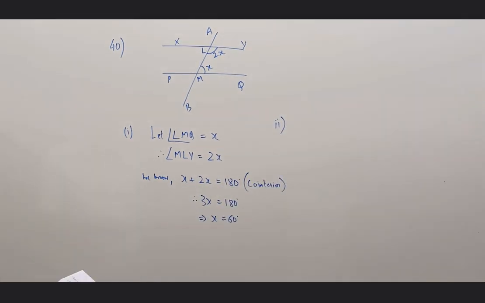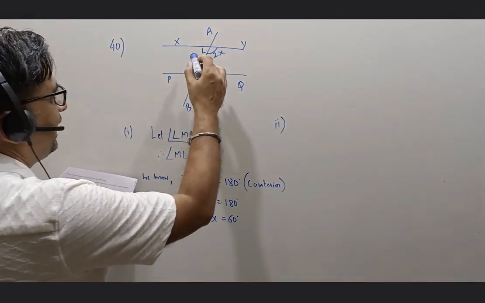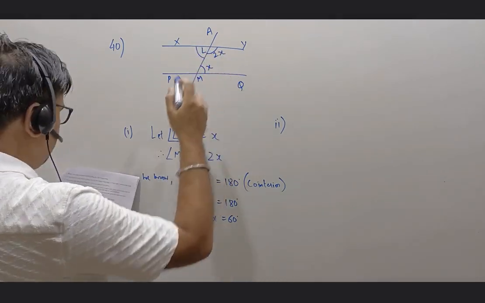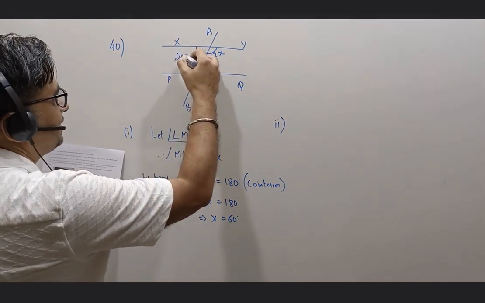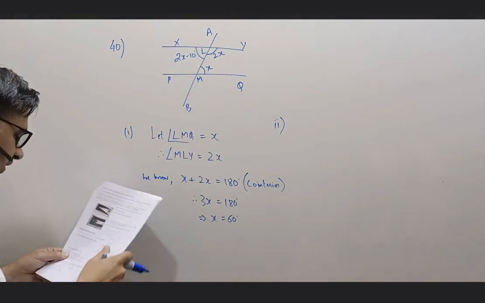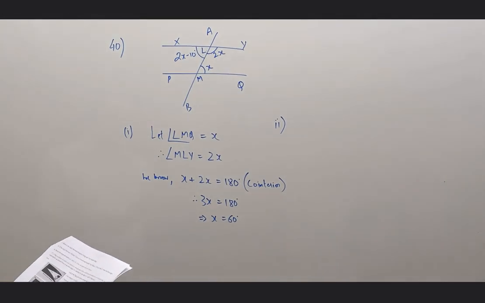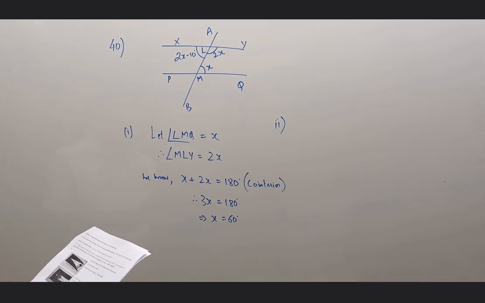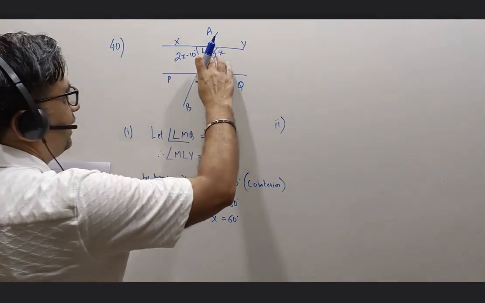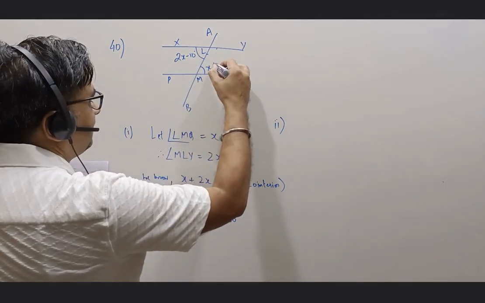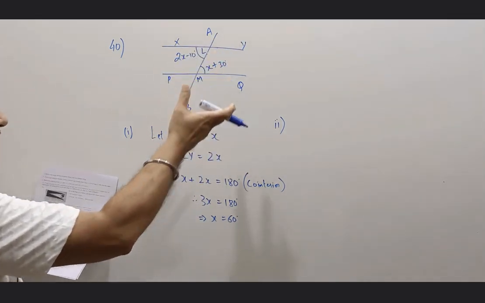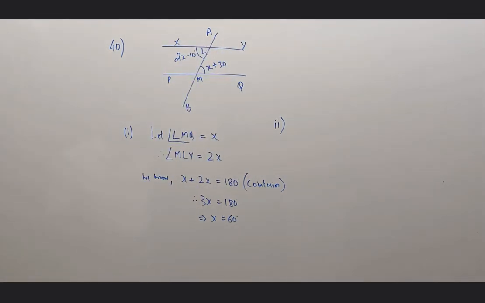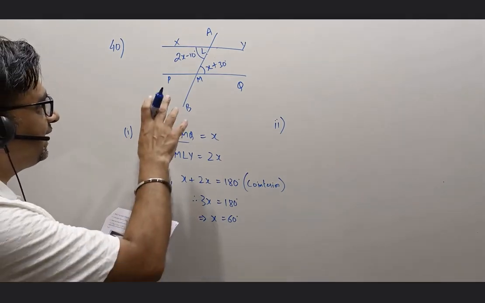In 2, we have angle XLM. Angle XLM, we are talking about this angle, is 2x minus 10 degree, and LMQ is x plus 30. So I've erased the data from the first bit because this is another bit and we have to use fresh set of information here. It's given that this is the scenario.